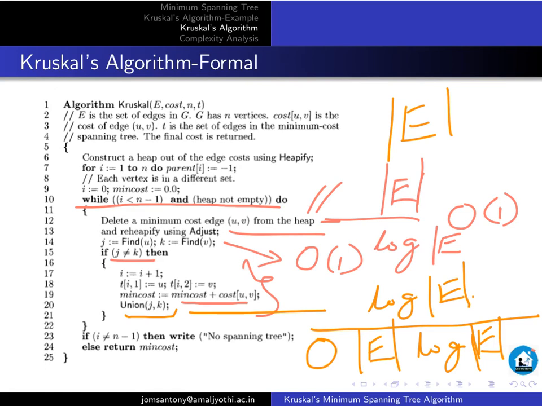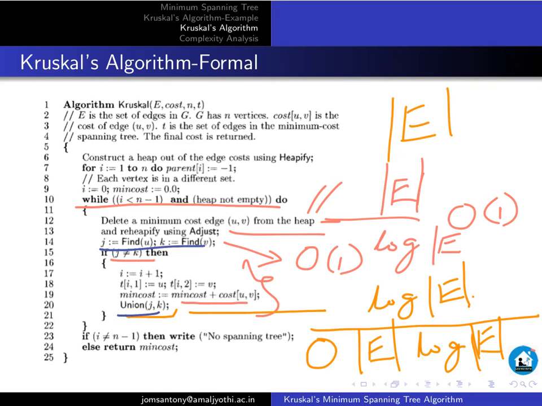At this point, it may not be very clear to you about the details of the find function and the union function. So I will be covering find function and union function separately in a tutorial if it is required. I will just tell you some outline of what find and union will do to get a better understanding of the Kruskal algorithm as of now.